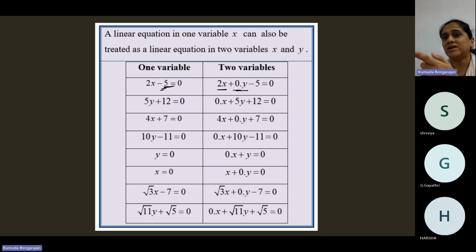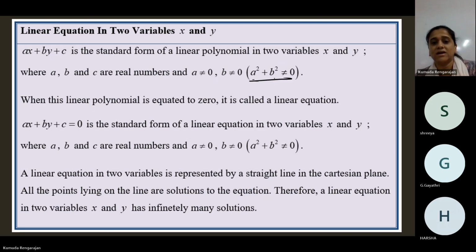Because what did we understand? Both A and B should not be 0 at the same time. One of them can be 0. So here, when you treat it as Ax plus By plus C is equal to 0, B is 0, but A is not 0. That's the condition we understood: A square plus B square should not be 0.